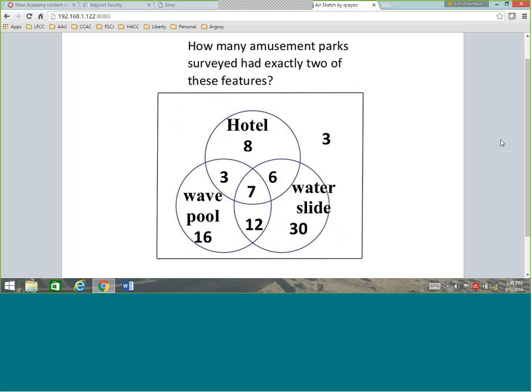Okay, let's look at another question. How many amusement parks surveyed had exactly 2 of these features? So exactly 2, so that would mean hotel and wave pool, but not water slide. So that's 3.